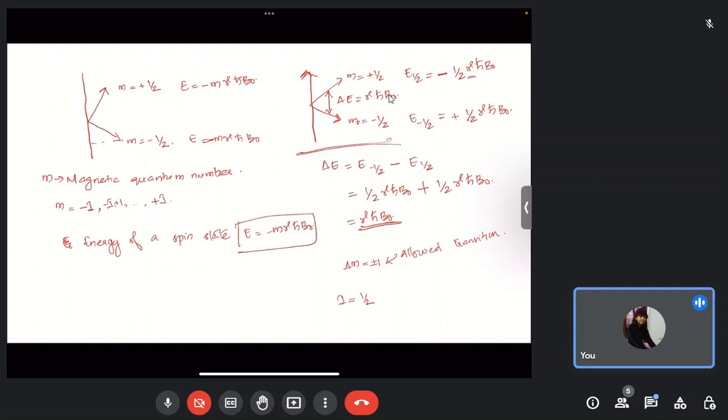So next, in this energy equation you had seen there is a value called gamma. I haven't explained all the terms in this energy equation.